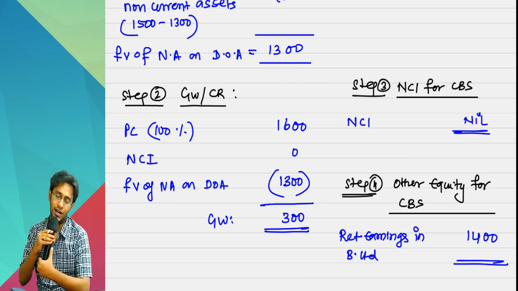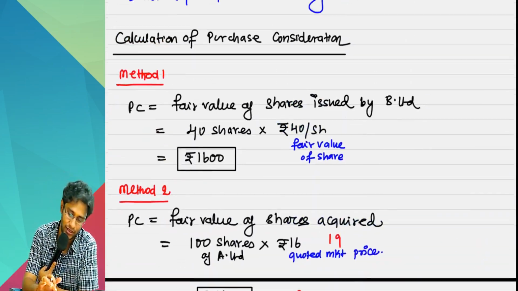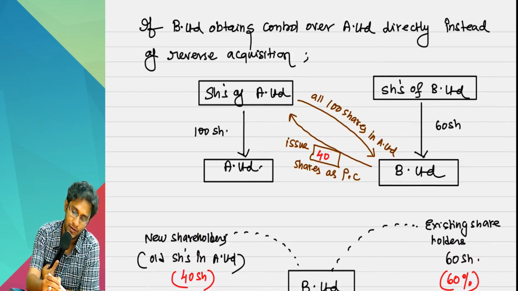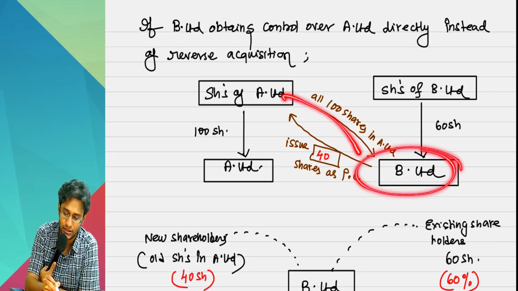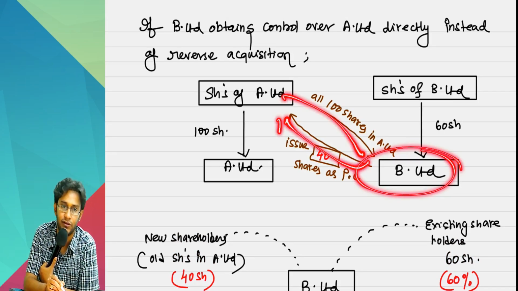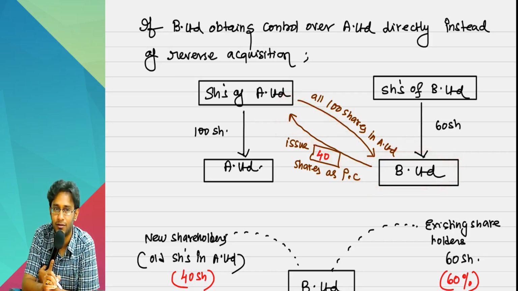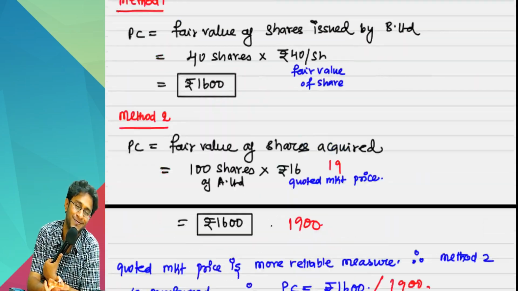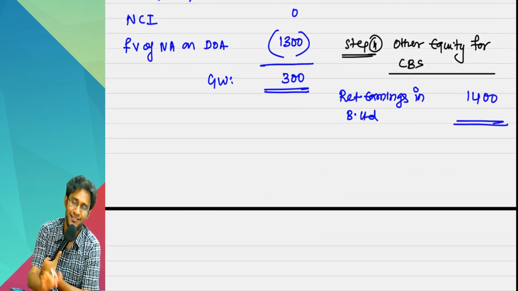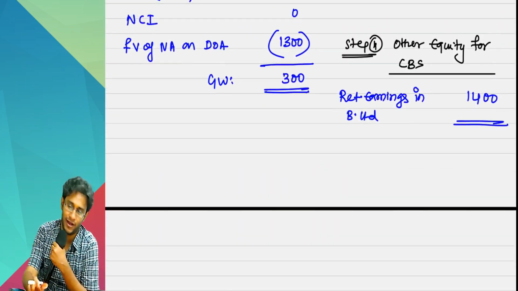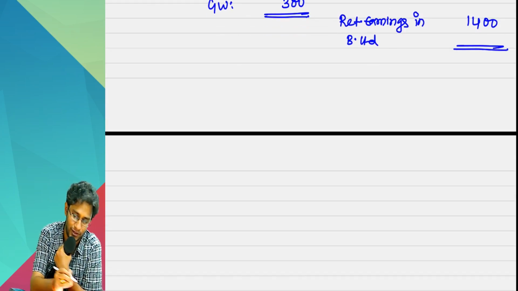Why it will not come, sir, to answer your case: B has purchased 100 shares in A Limited by issuing 40 shares as PC. If 40 shares are really issued, that's why it will not come. Your thought is correct, but anyway, our confusion will slowly start. Don't worry.